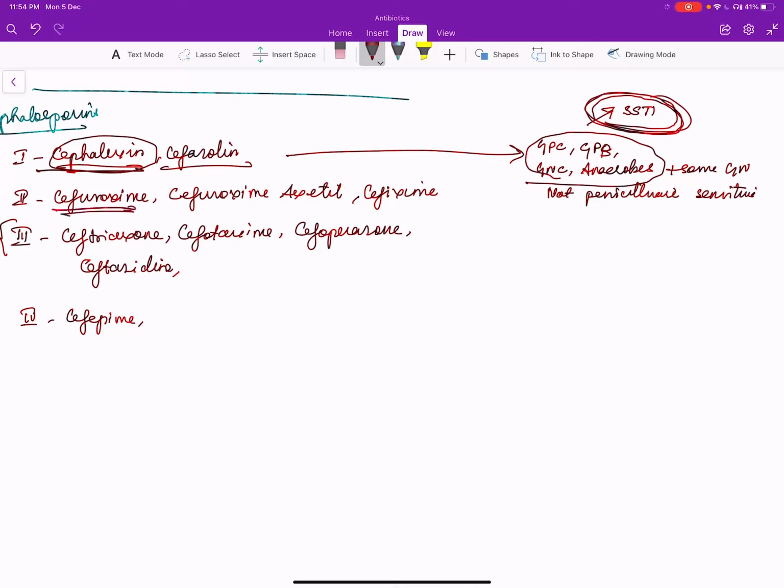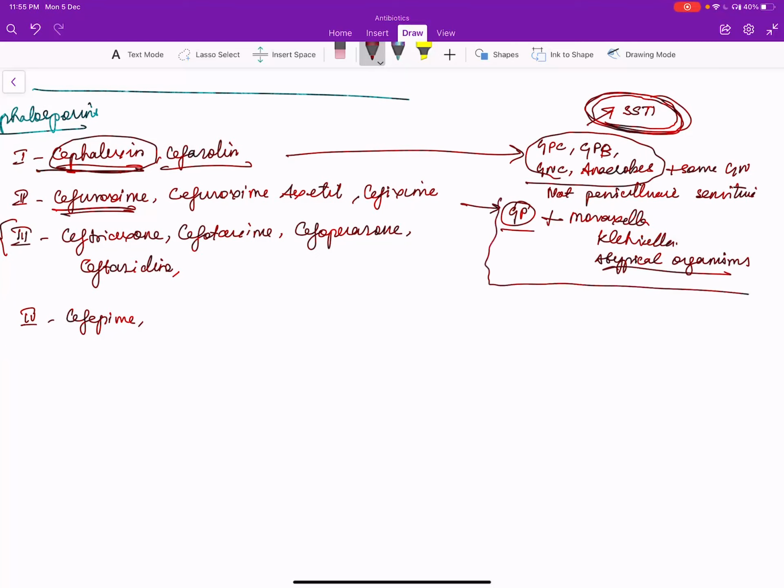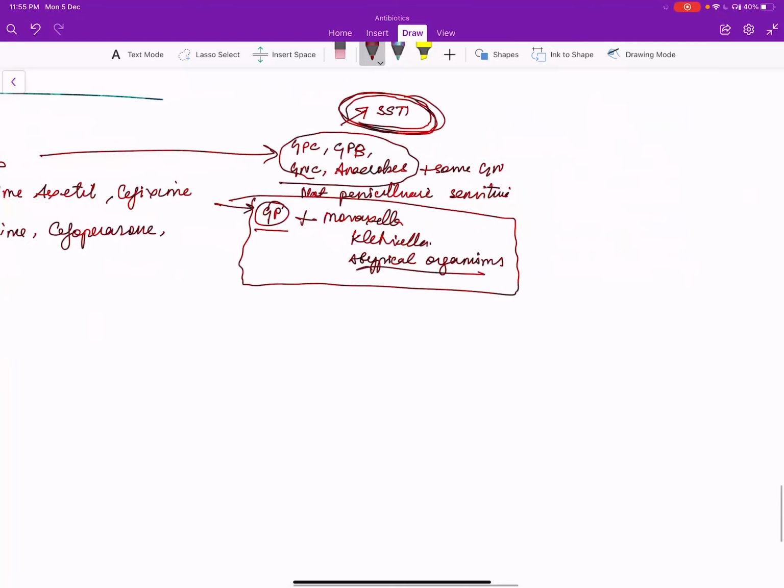Next comes second generation. Second generation is the same: preferably gram positive it covers. Plus, you'll be shocked if you know the organisms: Moraxella, Klebsiella, atypical organisms, and gram positive. What syndrome can it be used for?